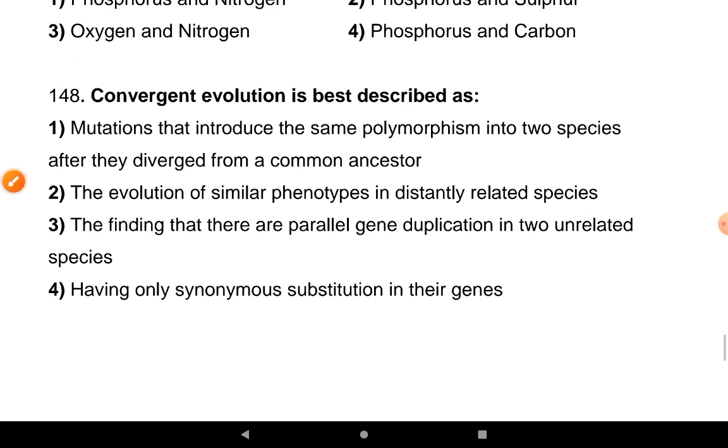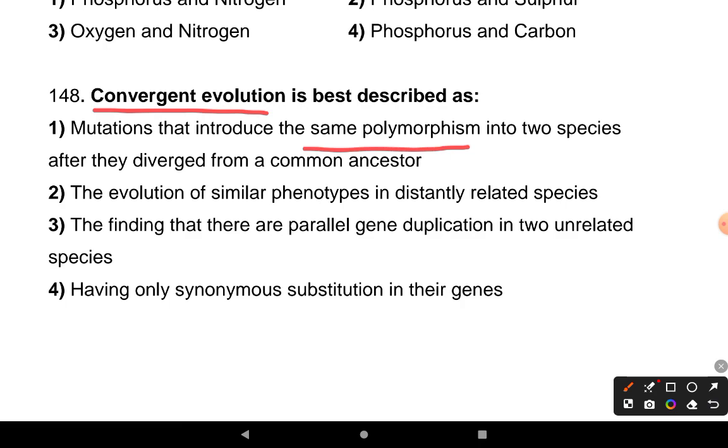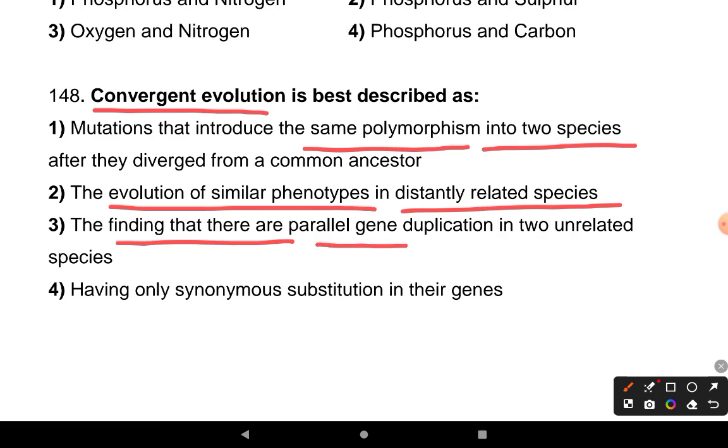Our next question is, convergent evolution is best described as mutations that introduce same polymorphism in two species after they diverge from a common ancestor, the evolution of similar phenotype in distantly related species, finding that there are parallel gene duplication in two unrelated species, having only synonymous substitution in their genes.